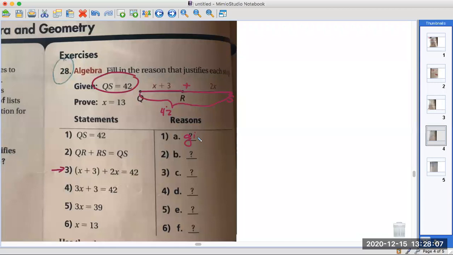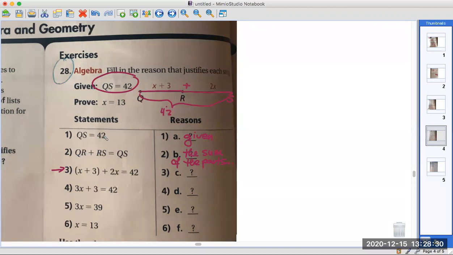I'm going to do this with you. QR plus RS is QS. That's called the sum of the parts is equal. I'm just going to get that started. The sum of the parts is equal to the total. And I'm going to go dot, dot, dot. It doesn't fit here, but this is exactly what that is.